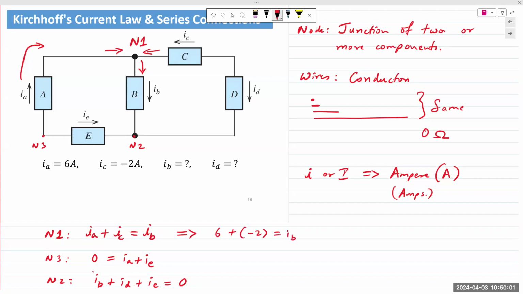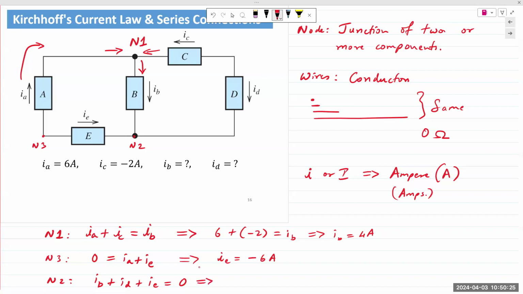Gives me IB as 4 amps, right? And then IA plus IE simply means IE is equal to minus 6 amps. Minus 6 amps. And then, of course, IB, ID, and IE is equal to 0.